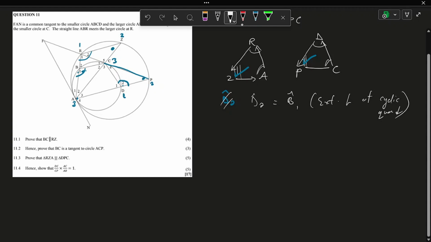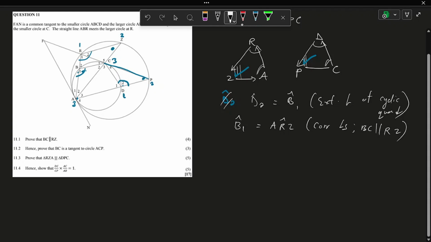So D2 is equal to B1. But we also did show that B1 should be equal to, let's call it ARZ, because they are corresponding angles, since BC is parallel to RZ, right?